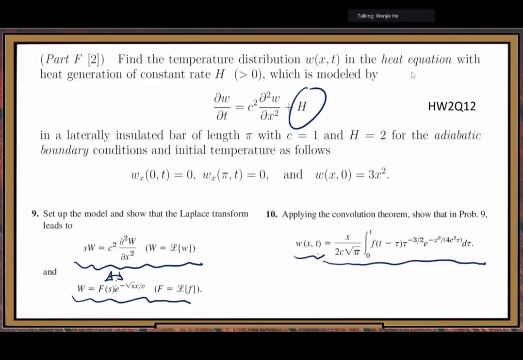So this way, at least, we have an integral formula, right? Although this integral formula is very hard to calculate, because it depends on what your little f function is. For most of the f functions, you cannot find a nice function for the little w, most of the time.